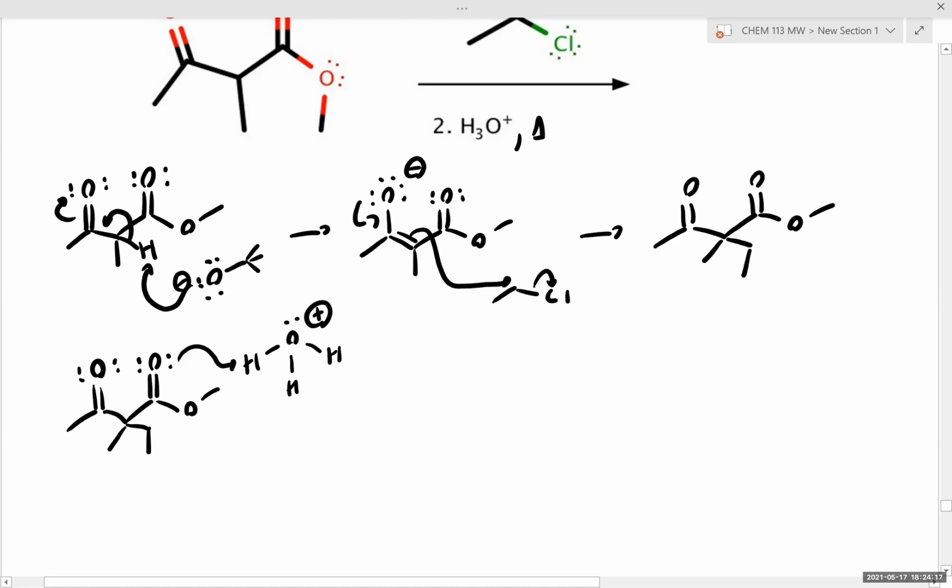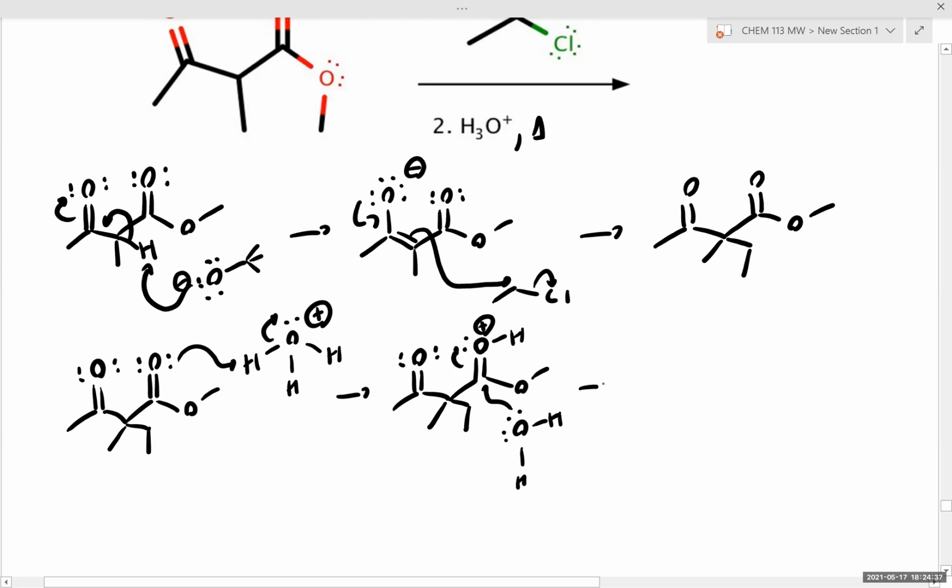So as the student proposed, in order to hydrolyze this ester, we're going to protonate the ester carbonyl oxygen. From here, we can then attack the activated carbonyl carbon with even weak nucleophiles such as water.